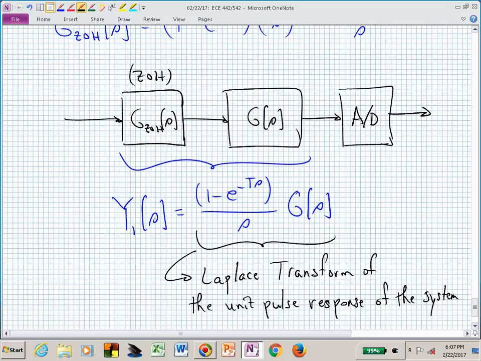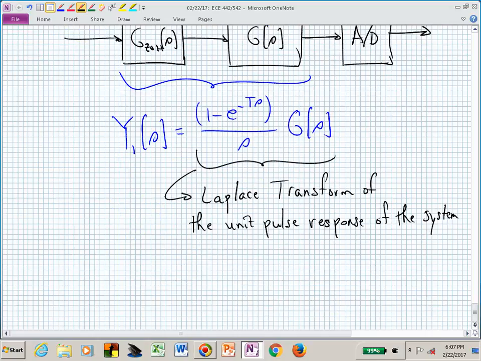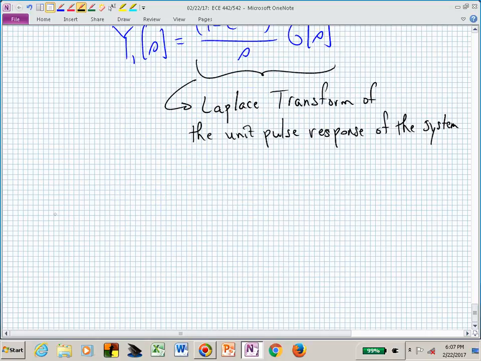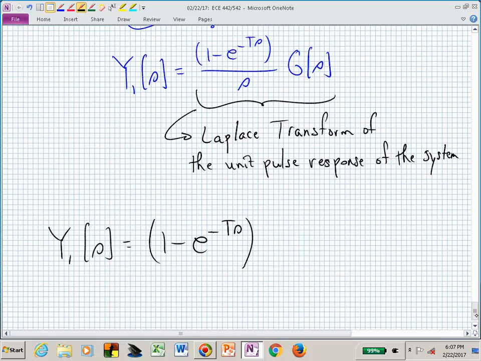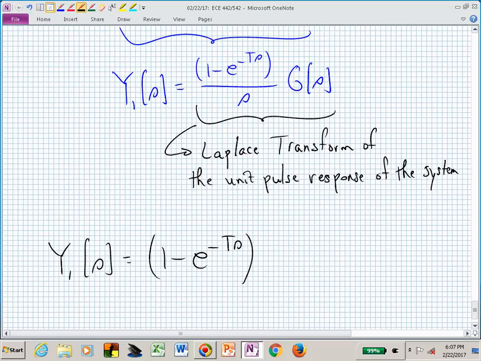What we want to do is now use that to try to find a capital G of z. So we now need to somehow take this into a discrete time setting. So let's look at what we have. We have Y sub 1 of s, which is now this 1 minus e to the minus Ts, and that s is always sitting there. Let's just put that underneath the G of s. This is now G of s over s.